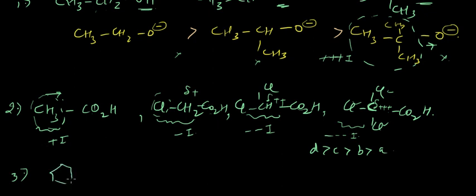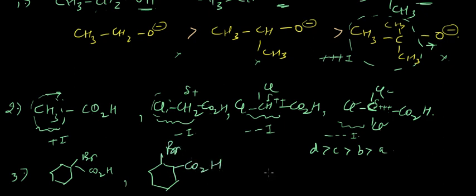we have something like this, and so where is the negative charge more stable?